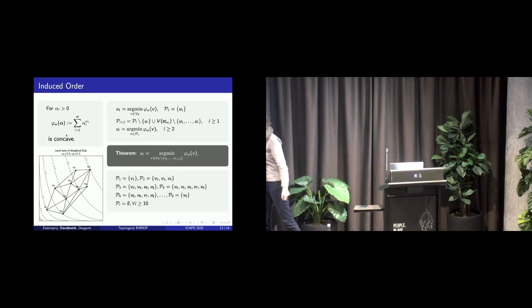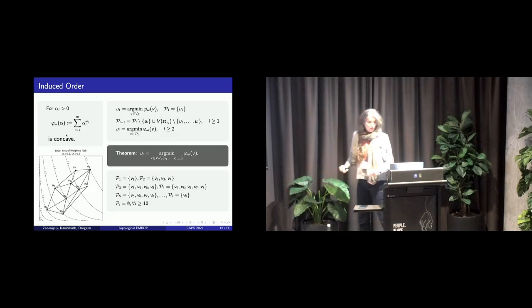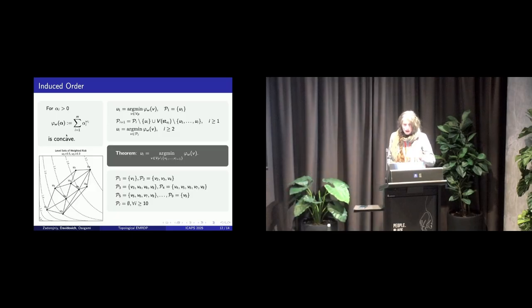These U's should be used instead of V's. We consider its star, the star of U1, and that's just the bottom two triangles in the picture. And then we grab the vertices of that, excluding U1, so that we get U2, U3, and U4.